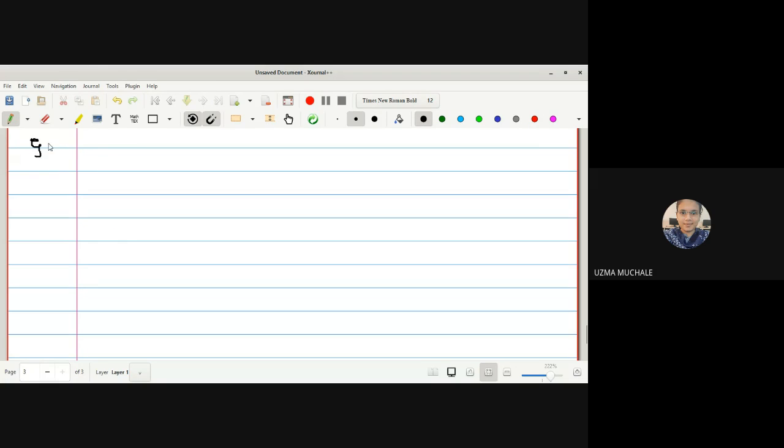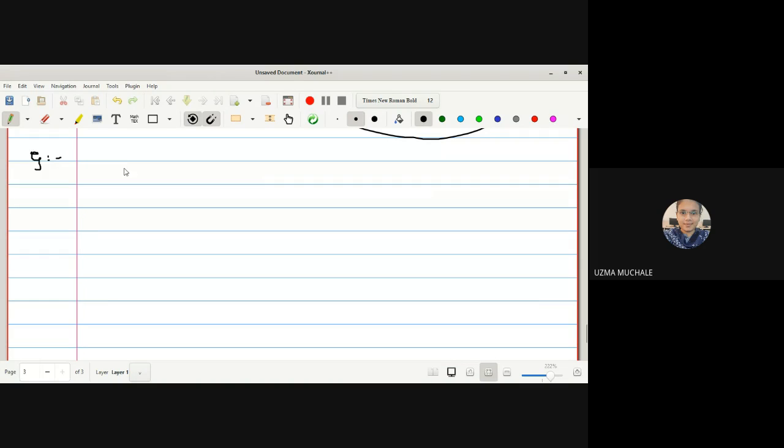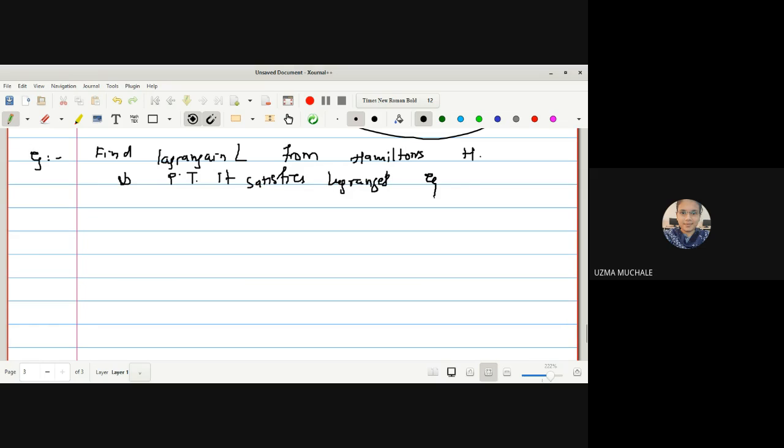Find the Lagrangian L from Hamilton's canonical equations of motion and show that it satisfies Lagrange's equation of motion.